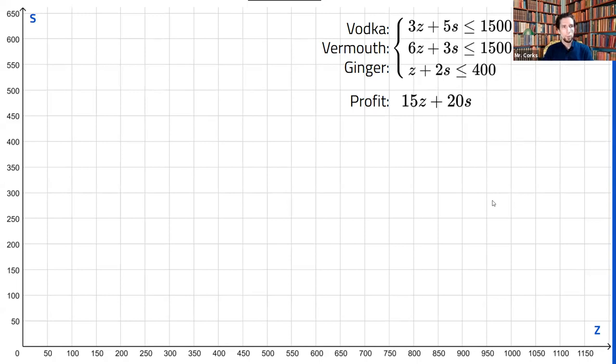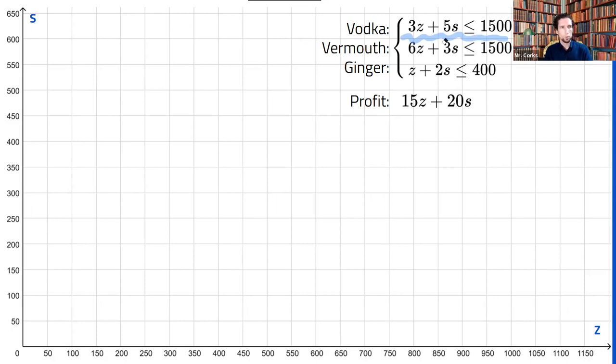So let's start with the first one, vodka. What are the X and Y intercepts going to be for this? 500. 500 said. 500 for Z and for S? 300. Okay.